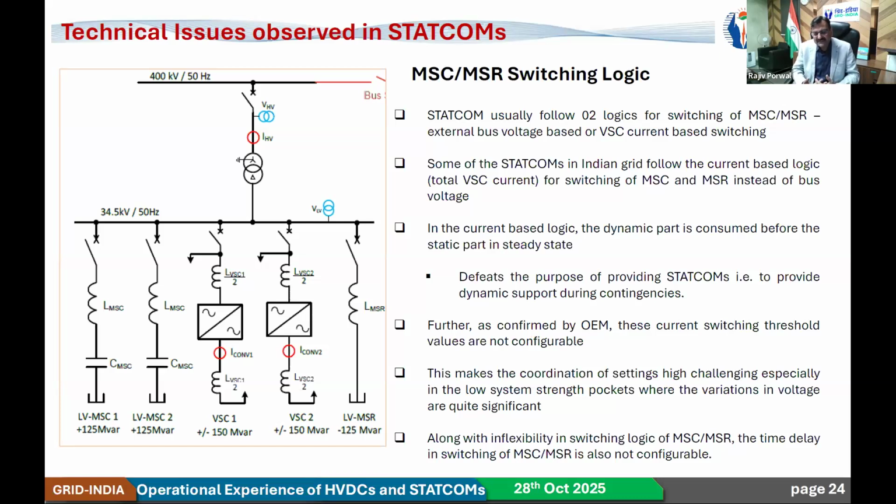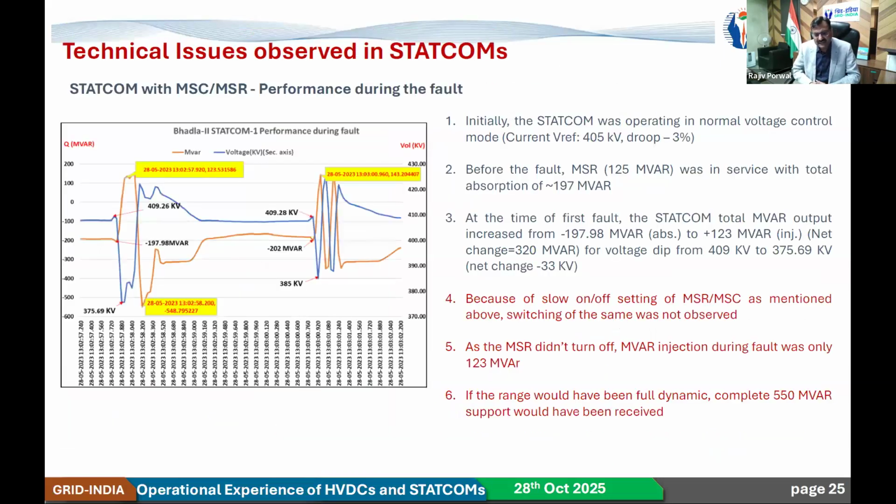If some event takes place, there is a static portion already in the system. This will not give us the full dynamic range of even the dynamic portion, because if MSR is there, the next portion is limited. In one event, one of the MSRs was in service before any fault took place.